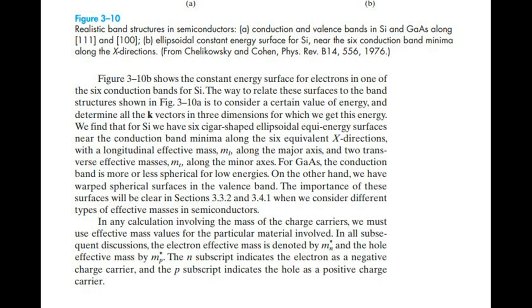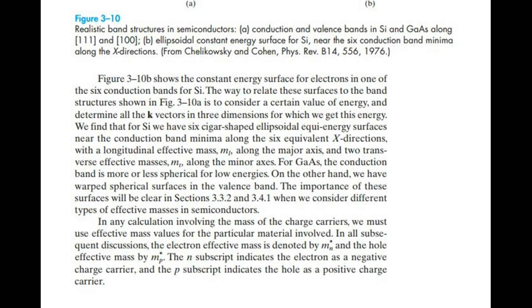In any calculation involving the mass of the charge carriers, we must use effective mass values for the particular material involved. In all subsequent discussions, the electron effective mass is denoted by m*n and the hole effective mass by m*p. The n subscript indicates the electron as a negative charge carrier, and the p subscript indicates the hole as a positive charge carrier.